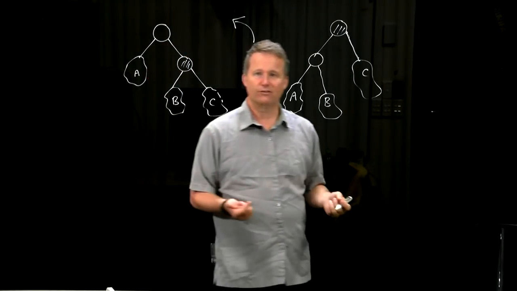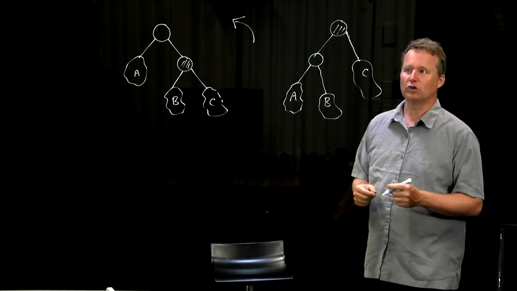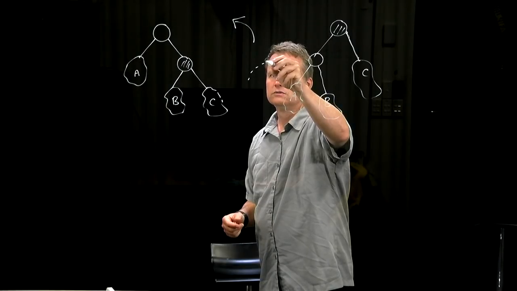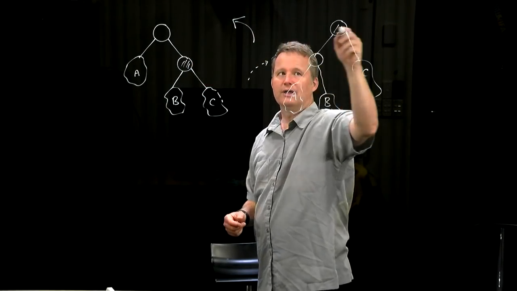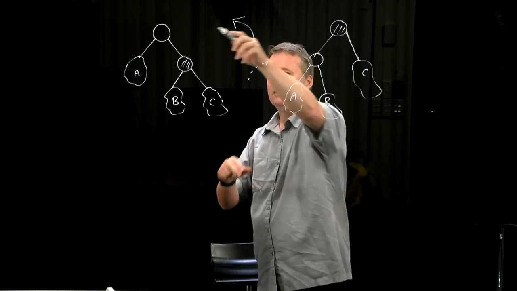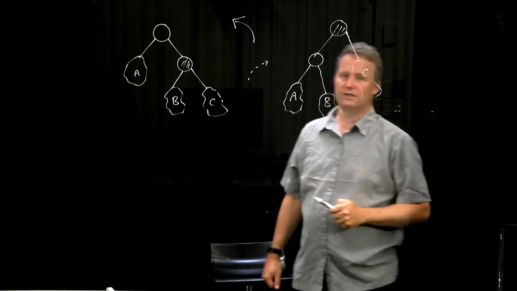So that's the basic idea of a rotation, and there's a symmetry in binary search trees, so you can also go the other way. From here you can rotate that way and get here, but you could also start here and do a rotation the other way, and you get back to the original tree that you started with.